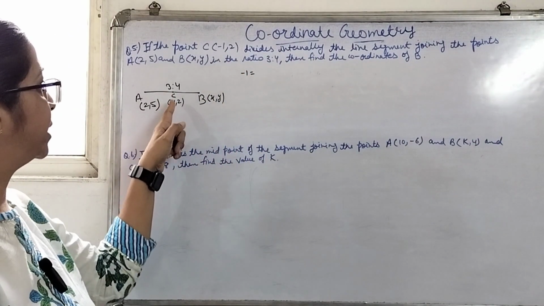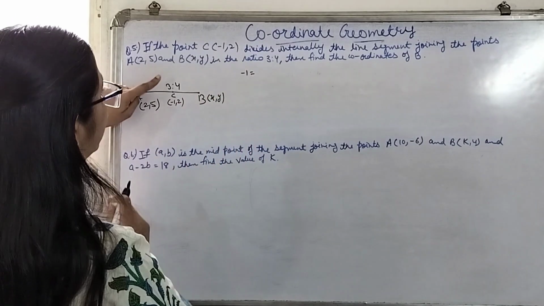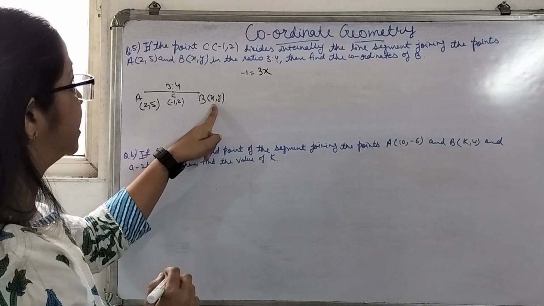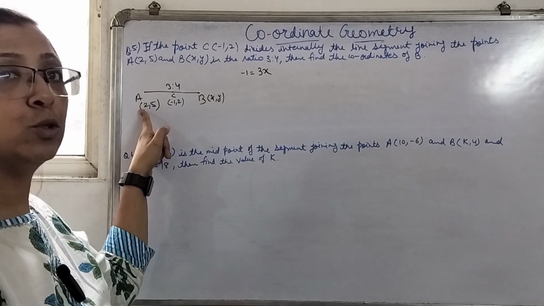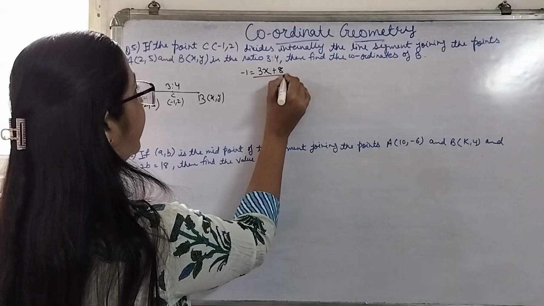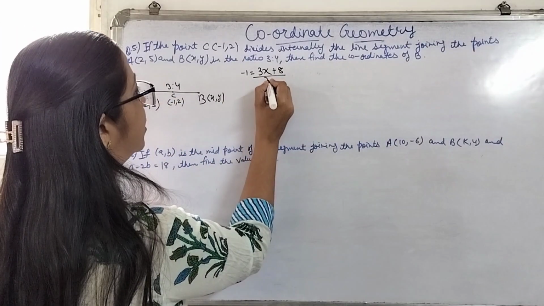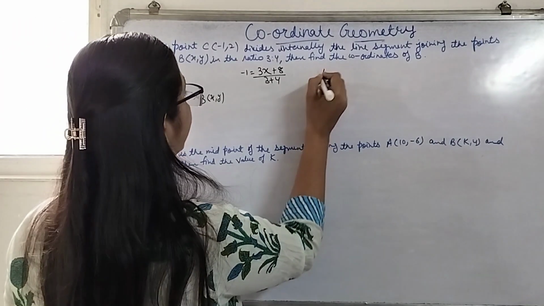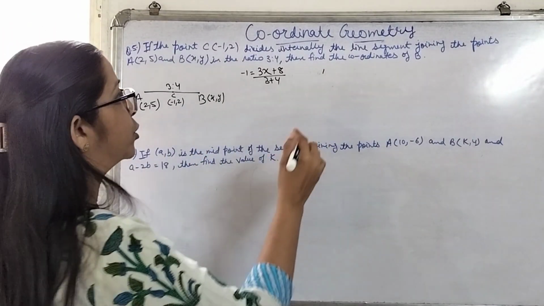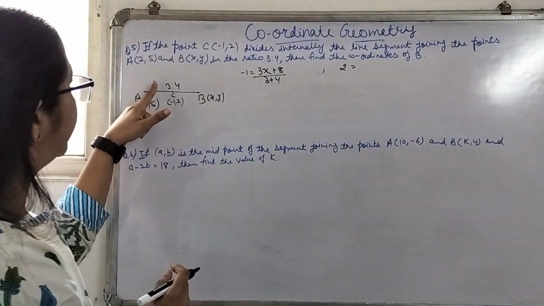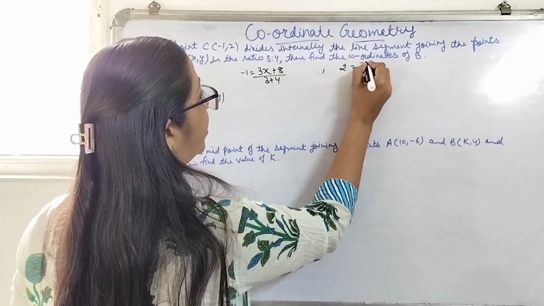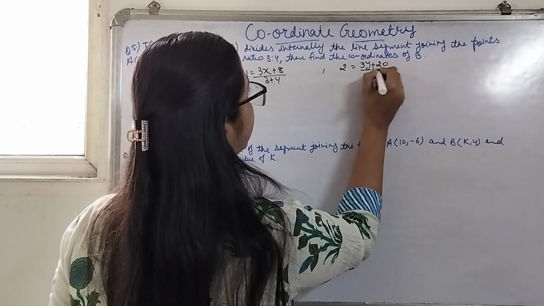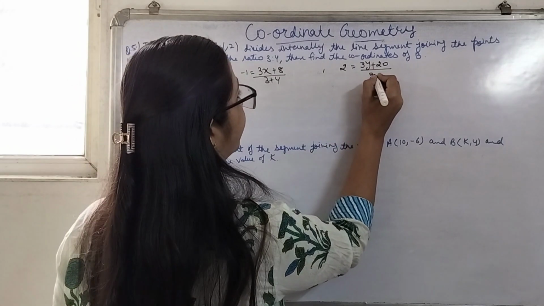X coordinate of C, that is -1, will be equivalent to 3 multiplied by x, the same formula, plus 4 multiplied by 2, that is your 8, divided by 3 plus 4. This will be the x coordinate of this point, and y coordinate of this point is your 2. So 2 is equivalent to 3 multiplied by y, 3y, plus 4 multiplied by 5, that is 20, divided by 3 plus 4.